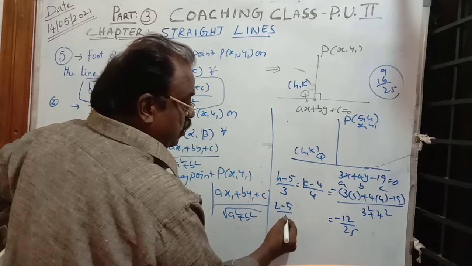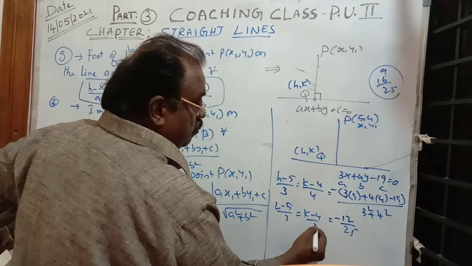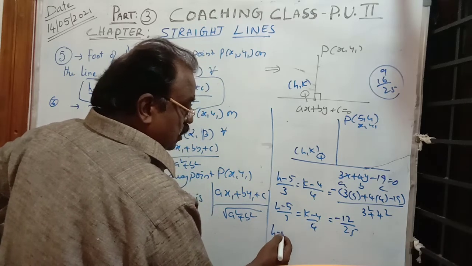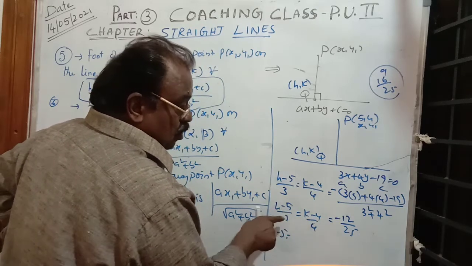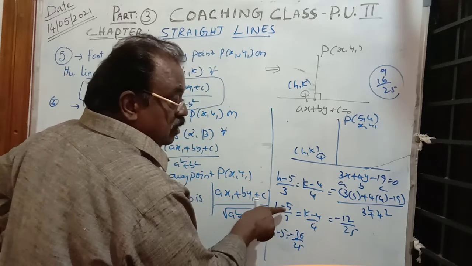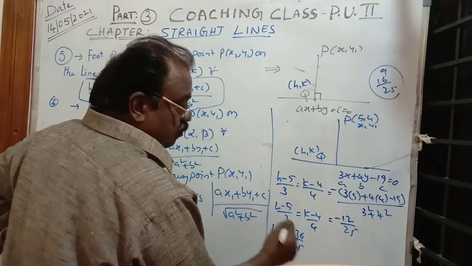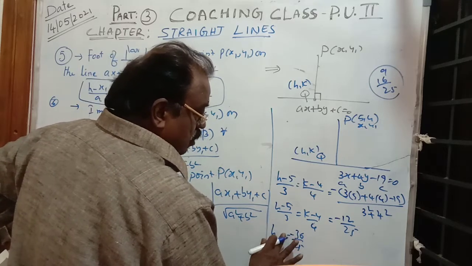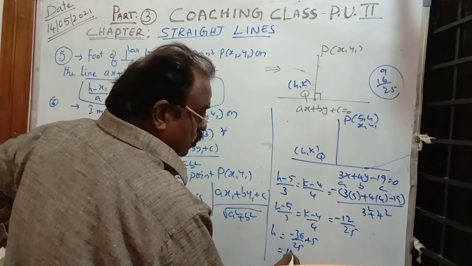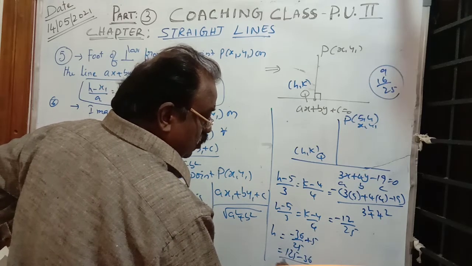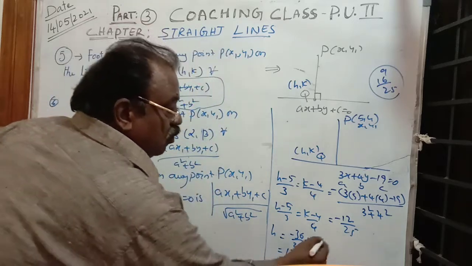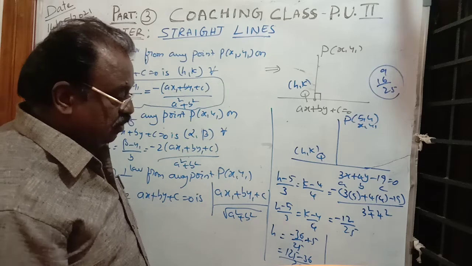That means h minus 5 by 3, k minus 4 by 4, equal to minus 12 by 25. Now h minus 5 is equal to 3 into minus 12, minus 36 by 25, and plus 5, that is 125 minus 36 by 25. Like that we can calculate the h value.